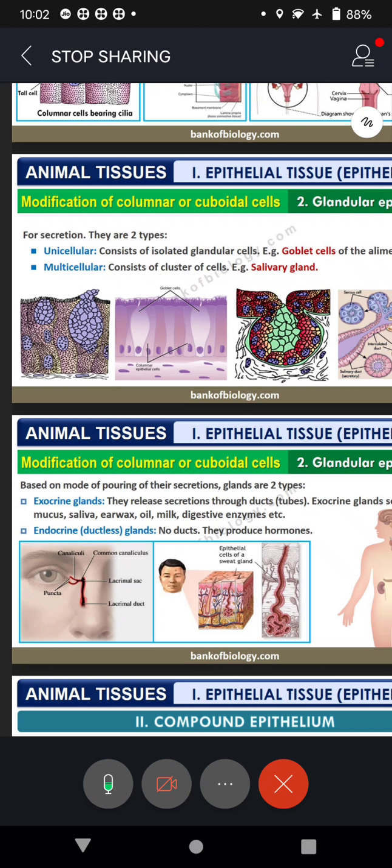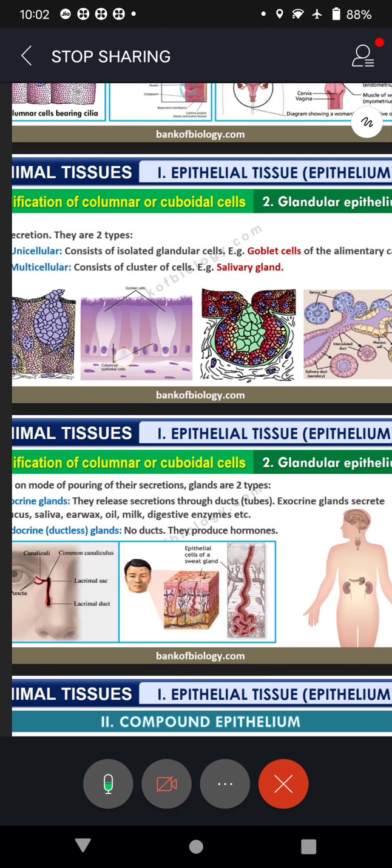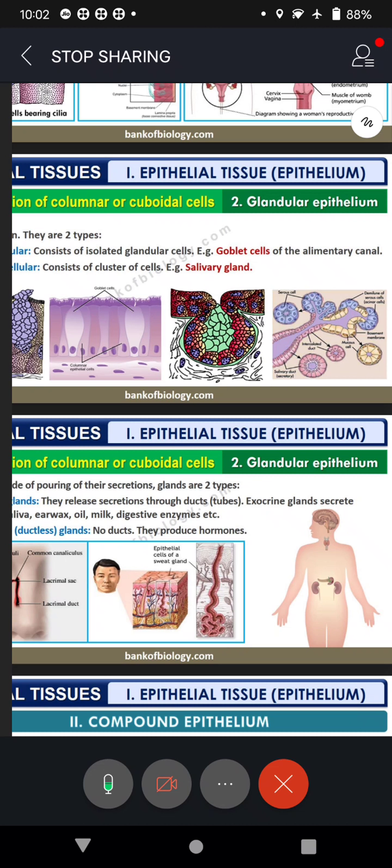There are two types, unicellular and multicellular. Unicellular, only one. It consists of isolated glandular cells, only one cell, like the goblet cells of the alimentary canal. Alimentary canal means digestive system. Then multicellular consists of many cells, a group of cells, for example the salivary gland.